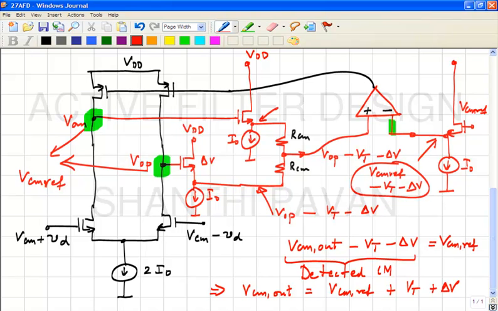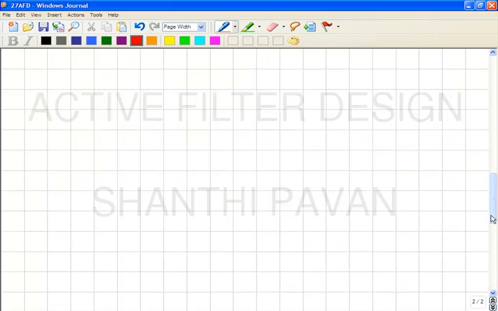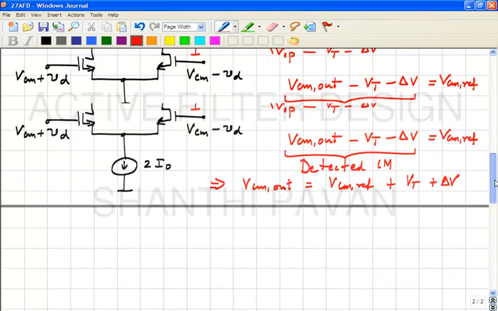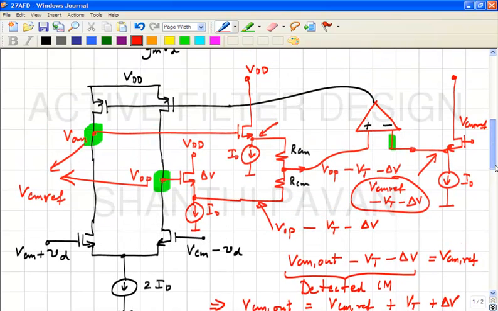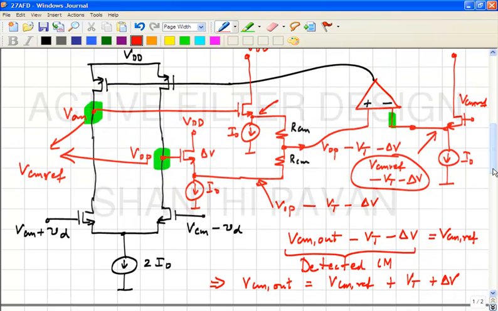Okay. All right. So, this again, as I said, there are a million ways of detecting the common mode. You will see more of such detectors in your assignments, but this should give you an idea of what is happening. Now, let us understand what happens when the detector is excited with differential input signals.